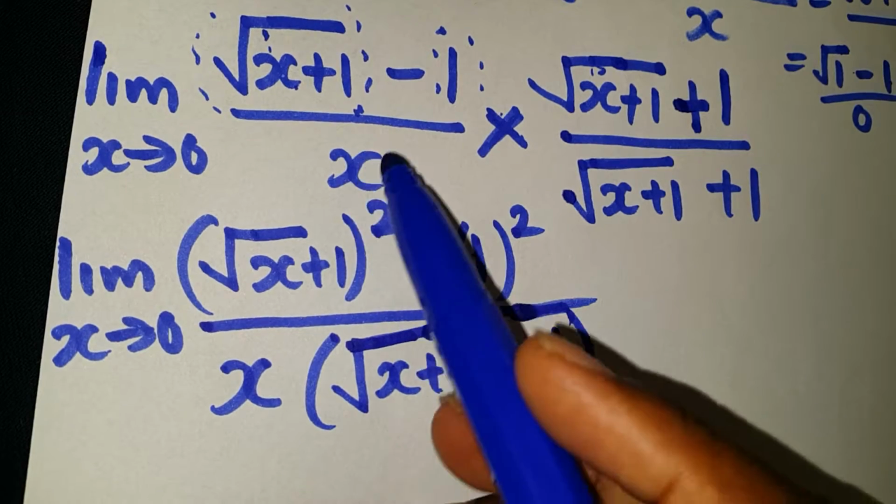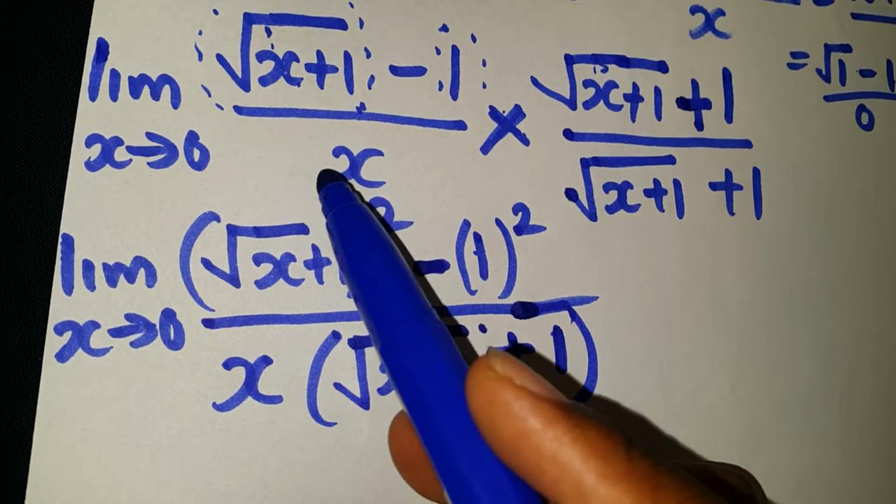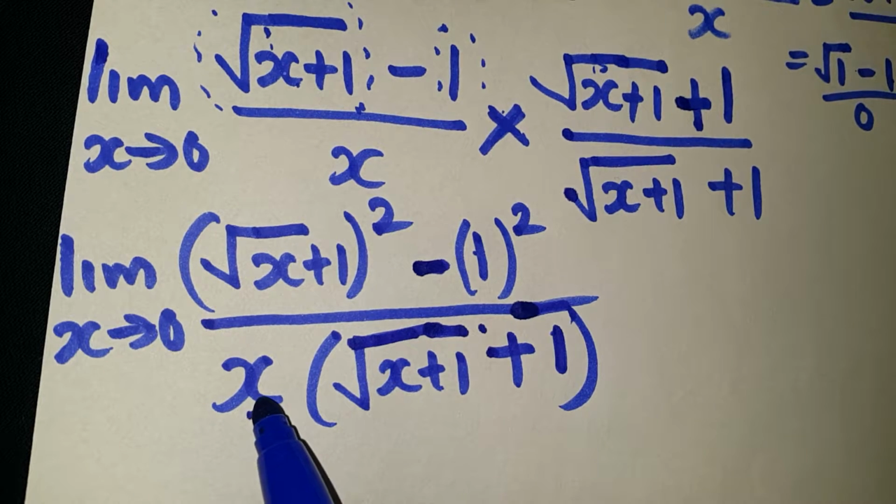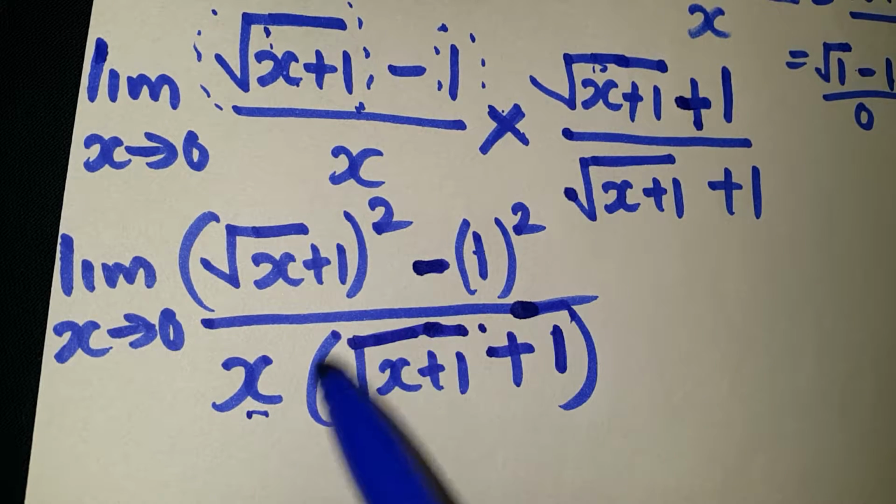How did I get this? We only have x here, so you multiply it by this. That's why I put my x here and I put this function here. So this is what we have.